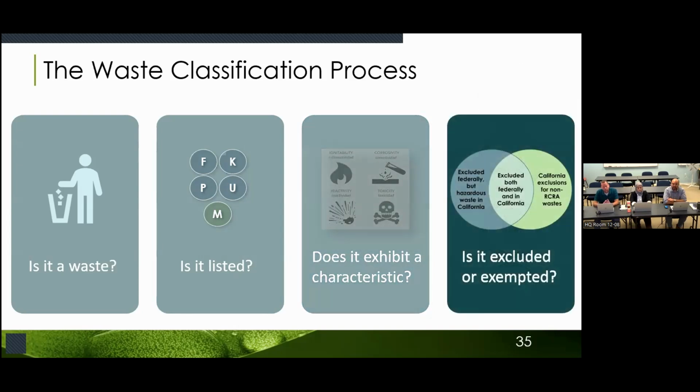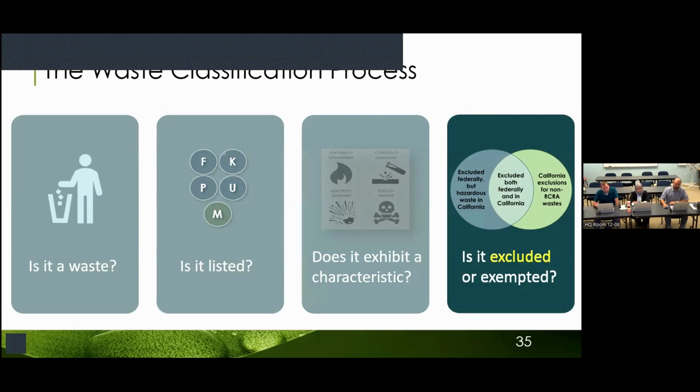The last question we ask in order to determine if a material is hazardous waste or not is, is it excluded or exempted? Those two words mean different things, so let's take a moment and break that down. If a material is excluded, then there is some provision in the law or regulation that gets it out of being a waste or hazardous waste, depending on the specifics of the exclusion.